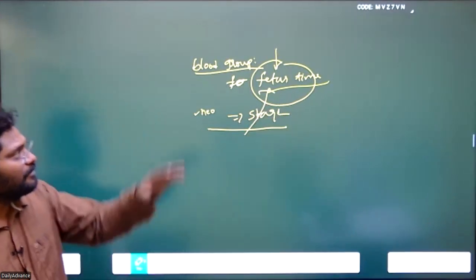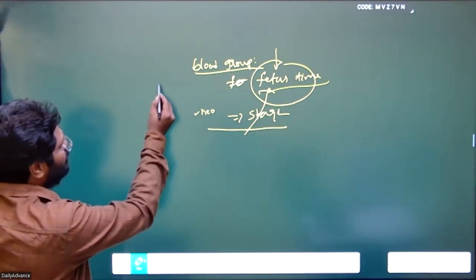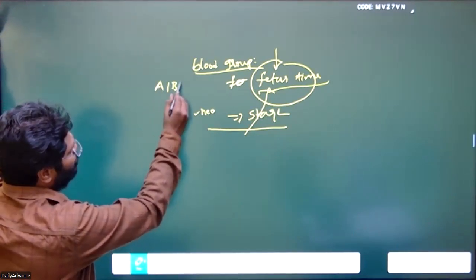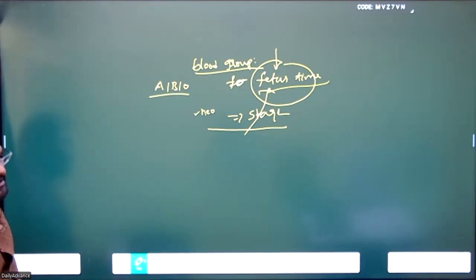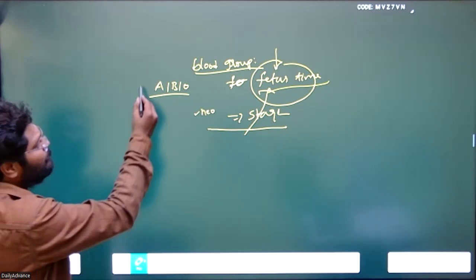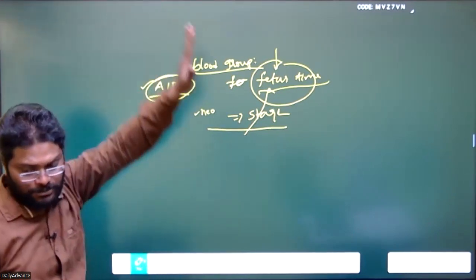Whatever blood group a person acquired during the fetus time, A or B or O, it is lifelong. Till his last birth the same blood group is found. It never is subject to change.